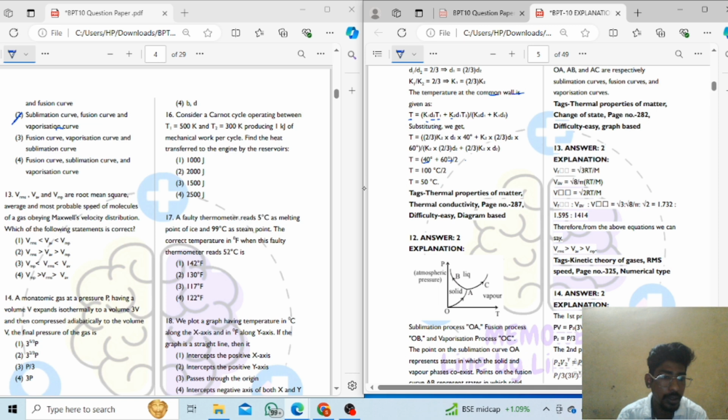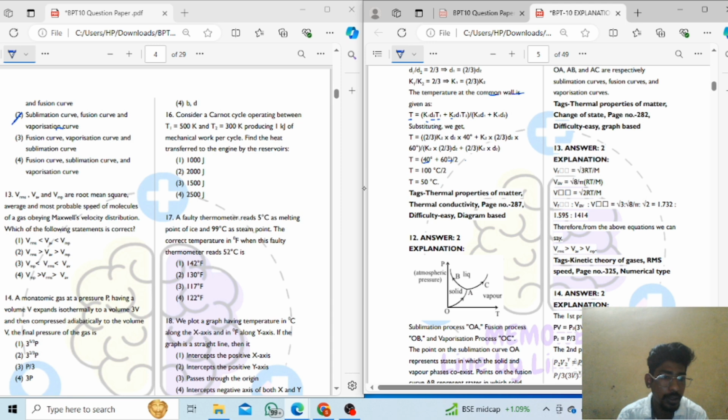Now take the ratios of these three. What you will get is 1.732, 1.595 and 1.414. This is the value of root 3, this is the value of root 2, and this is the value of root over 8 by pi. So VRMS is 1.732, therefore it is the highest value.